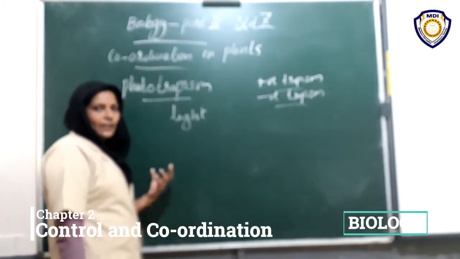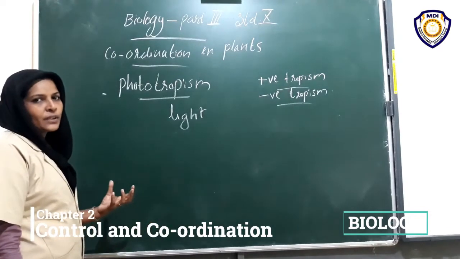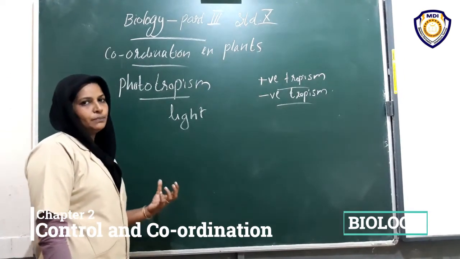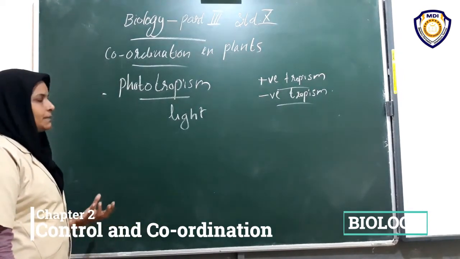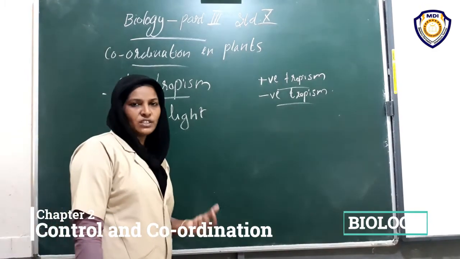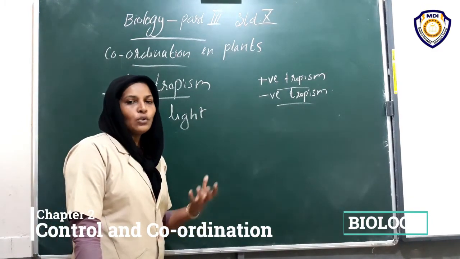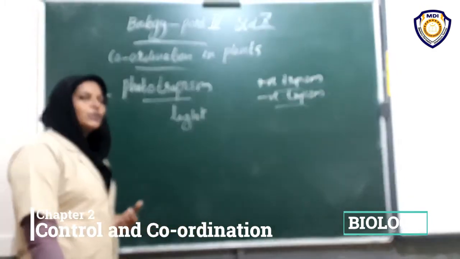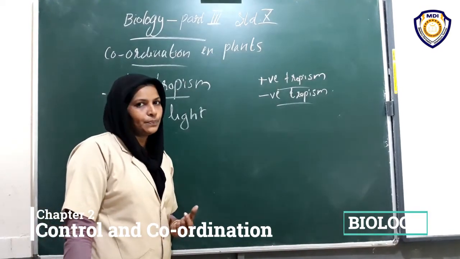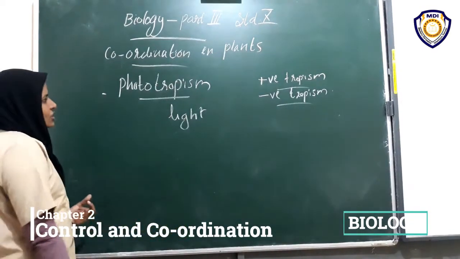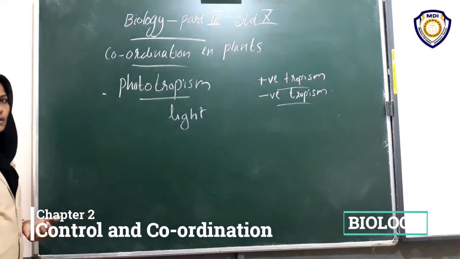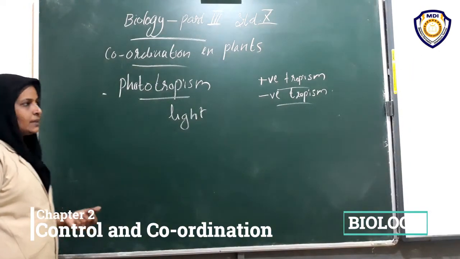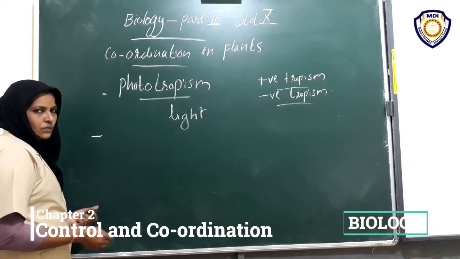So here the light is the environmental stimulus. How do the plant body parts, that means the shoot system and root system, respond? The root is negative while the shoot is positive towards the light. Are you clear? So such tropisms are called phototropism. Then the second one is geotropism.